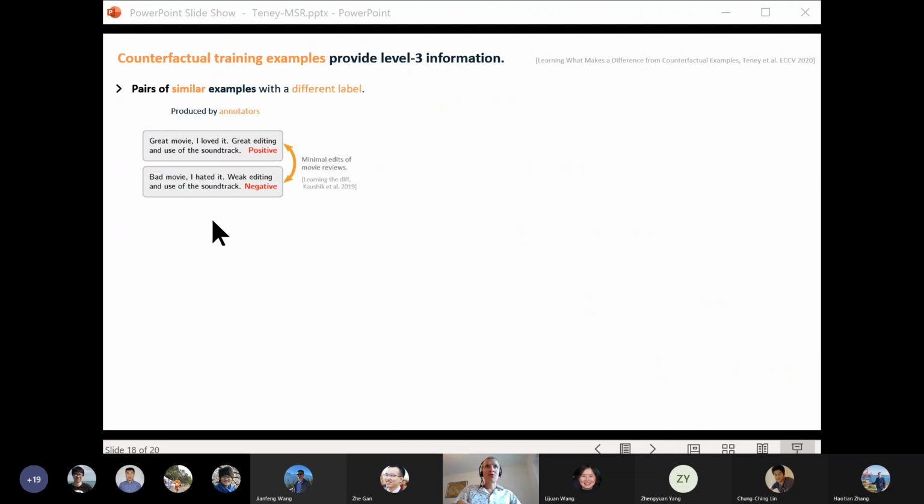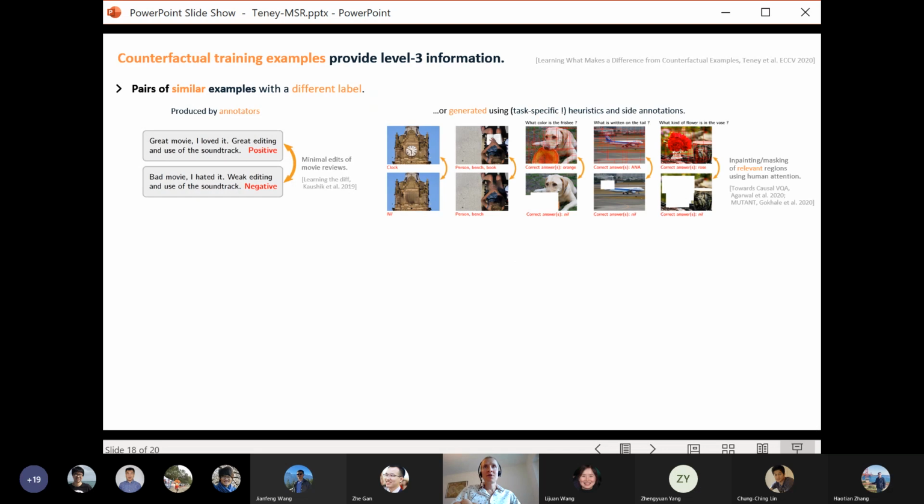For example, with language data like those movie reviews here, those were obtained from annotators. So the annotators were explicitly asked to edit some existing examples to flip the label. They were asked to change as few words as possible in the movie review to flip the label from negative to positive or vice versa. That's one way. And another way to get this kind of data semi-automatically is to use heuristics and side annotations.